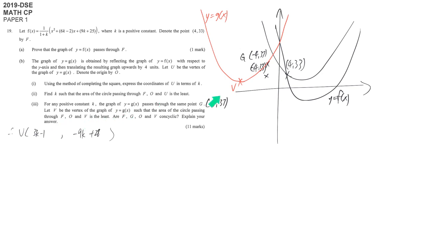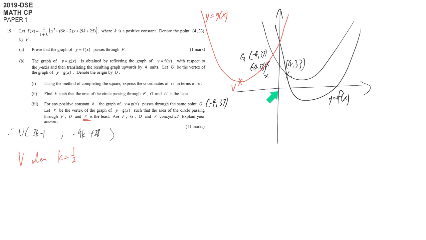In this sentence, again, O and F are fixed, and V depends on what value of k you choose. You can choose not every point, but most of the points on the coordinate plane. And then they simply ask you to refer to this case 2. That means V is the situation when k is equal to 1 over 2, the same as B2.